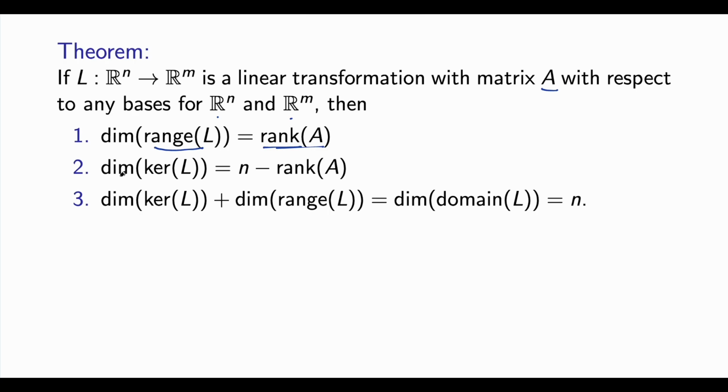Similarly, the dimension of the kernel is equal to n minus rank of A. How many variables are given? So n variables are given, so n minus rank of A.